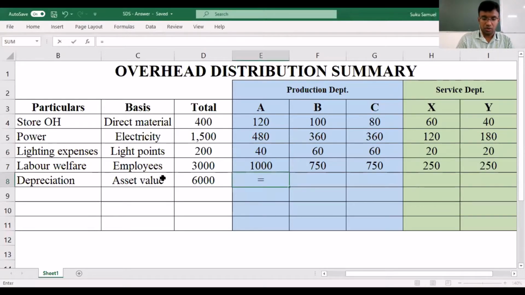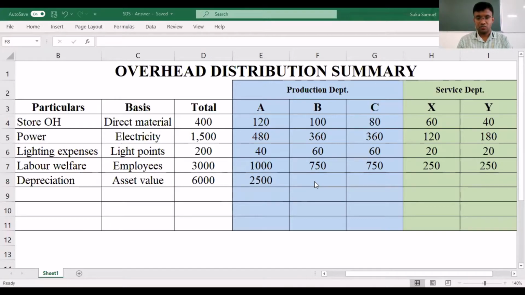So 50,000 divided by 1,20,000, which is the total of all your asset values together, multiplied by 6,000, you get 2,500. What does that mean? Out of depreciation of 6,000, 2,500 has to be charged against Department A. Now let's move on to the next one.